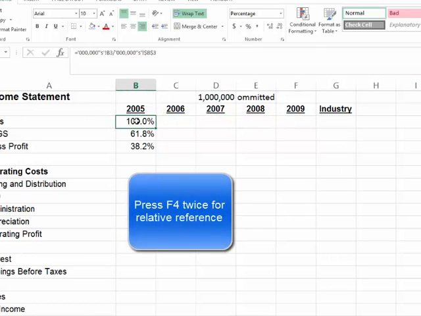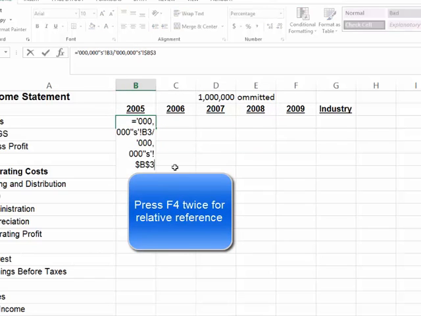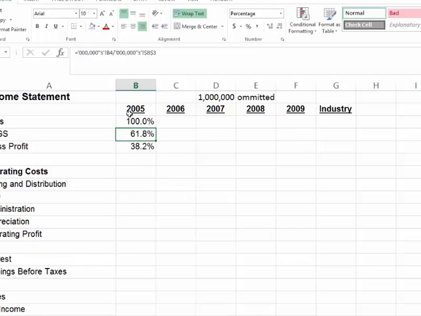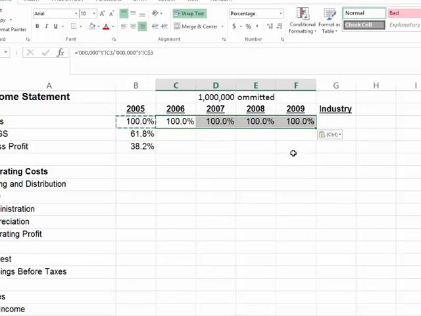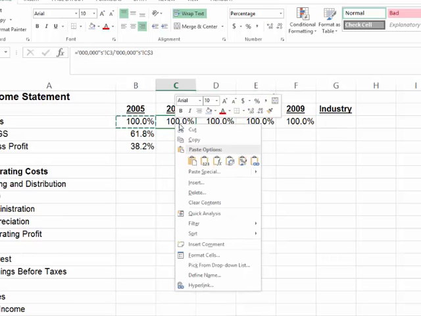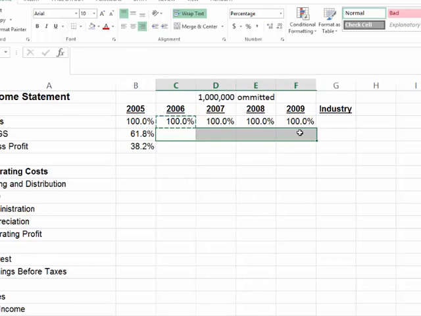What you need to do is reference the sales column by just hitting F4 one more time. That will allow you to copy this across, paste it, and then you should actually be able to copy this formula into the rows as well.